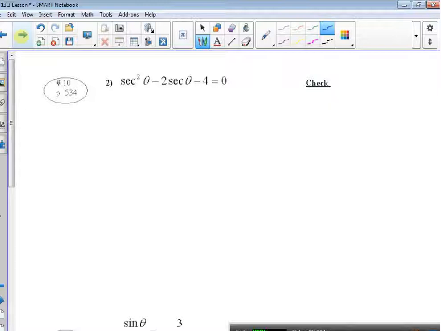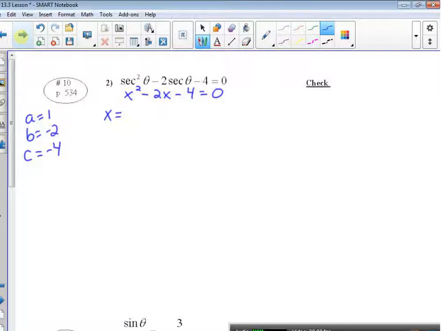Now we have secant squared. So I'm going to do x squared minus 2x minus 4 equals 0. There are no two numbers that multiply to negative 4 that add to negative 2. So a is equal to 1, b is equal to negative 2, c is equal to negative 4.